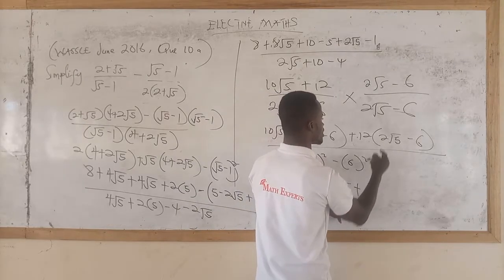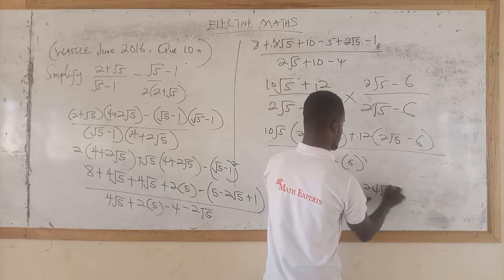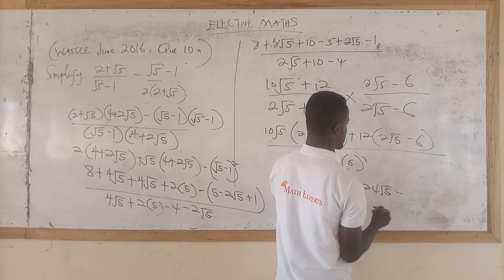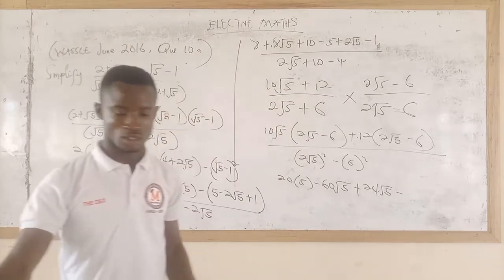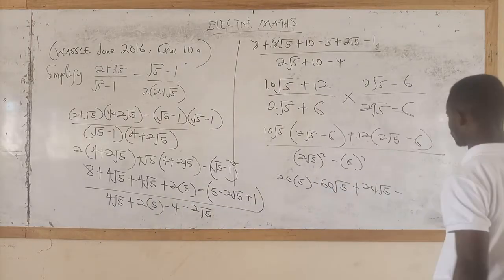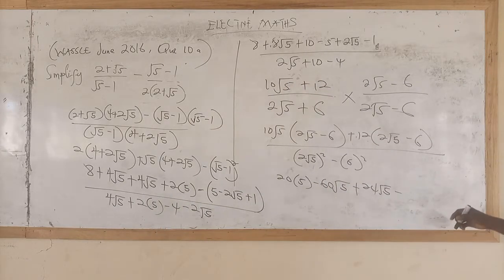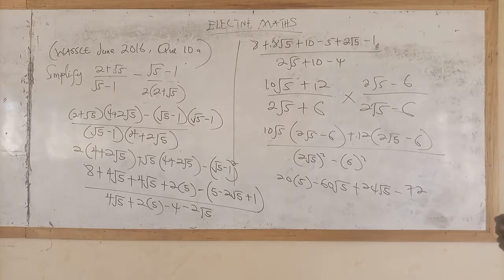Plus, this time, 24 square root of 5, minus 12 times 6. 12 times 6 is going to give you 72.